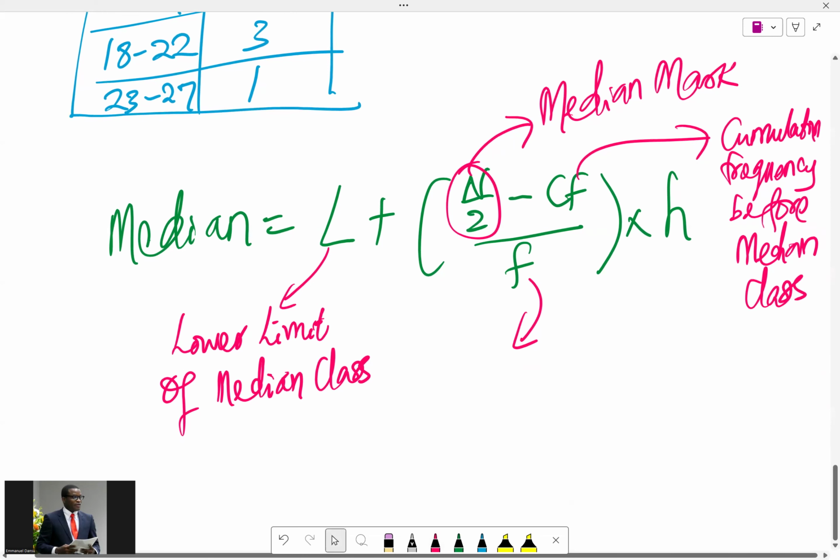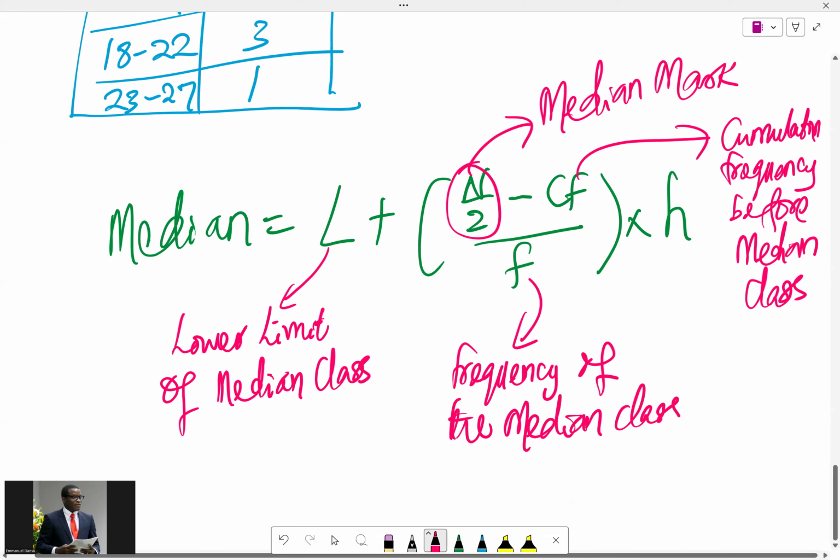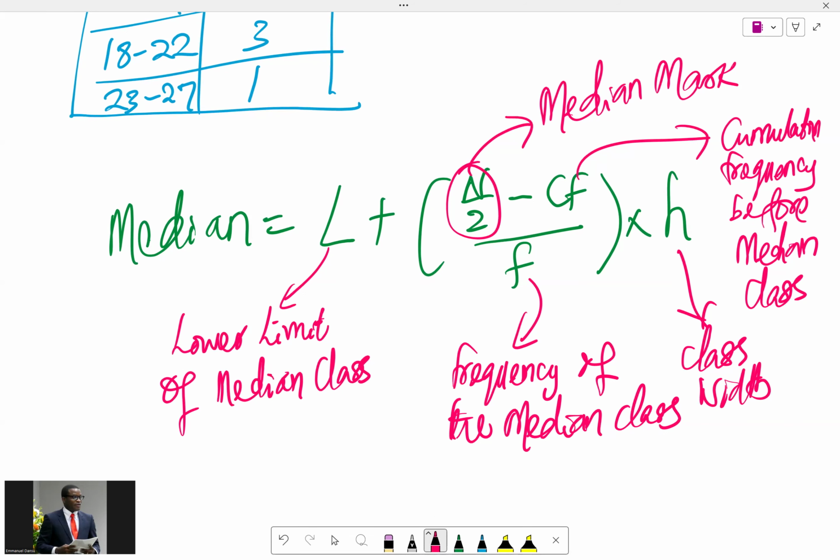The small f is the actual frequency, not the cumulative, the frequency of the median class. Then H is the class width, the range of each class. Subtract the smallest from the biggest and you get the class width.